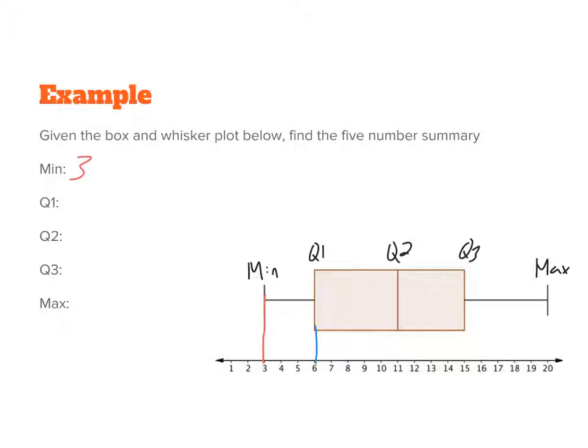My Q1 goes down to 6. My Q2 goes down to 11. My Q3 goes down to 15. And my max falls down to 20. So I go 3, 6, 11, 15, and 20 for my 5-number summary in this box and whisker plot.